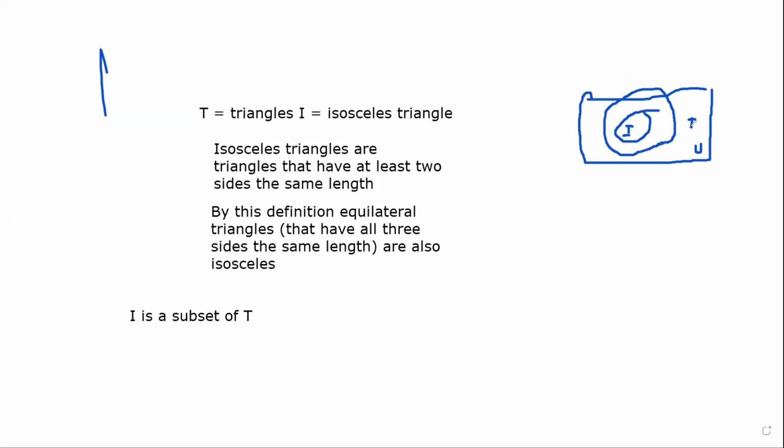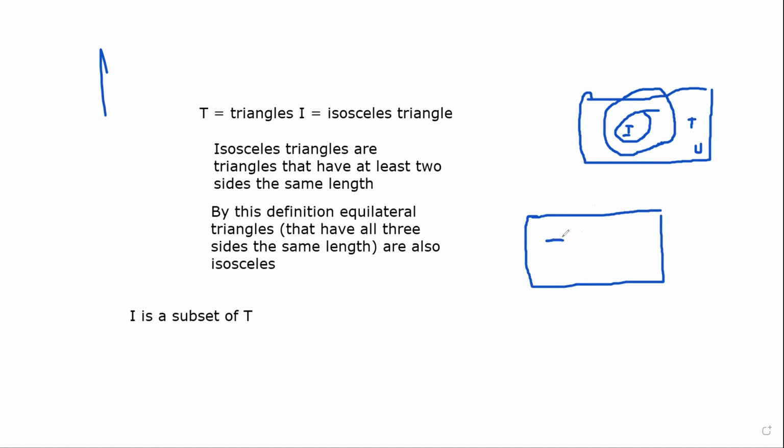So there are polygons that are not triangles, things like squares and parallelograms and rectangles. For simplicity, I'm not drawing all of those. I just drew the two they gave me, but there are other polygons in this universe. The universe refers to everything in the rectangle.